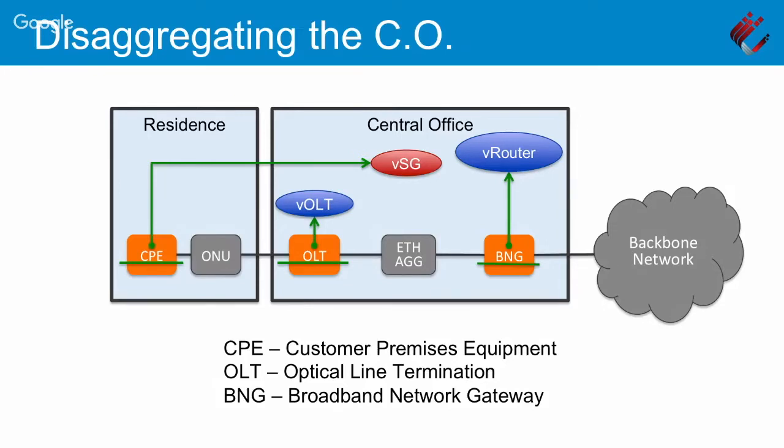But the BNG was actually a very, very large bundle of functionality that got split up and put into different pieces. The IP routing piece is Virtual Router, but the per subscriber functions got moved into VSG. And so anything that you would have turned on a per subscriber basis now comes back into the container running on each subscriber's behalf.